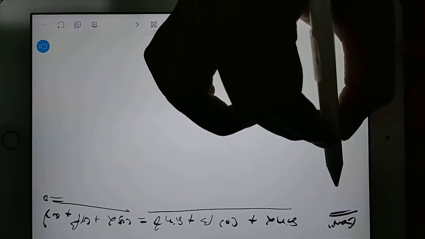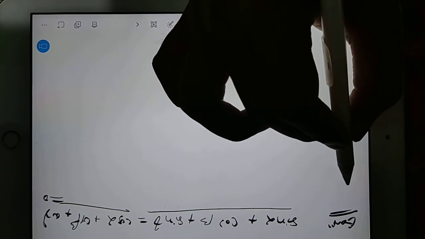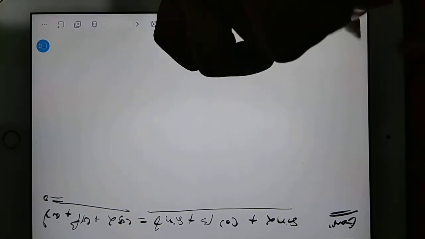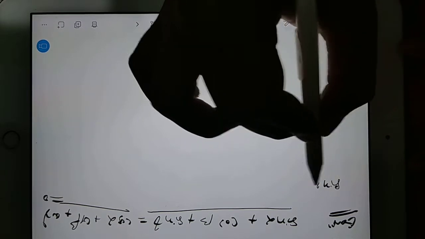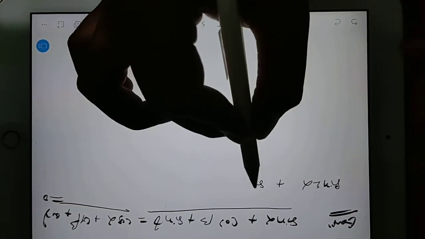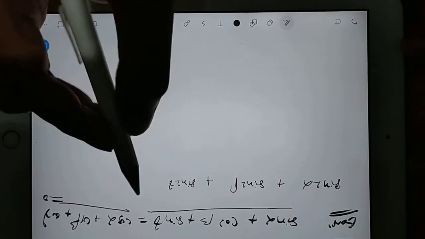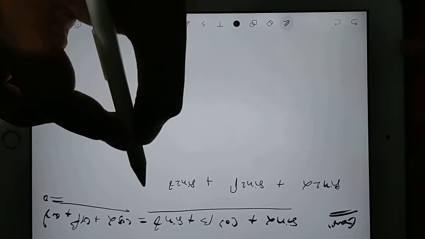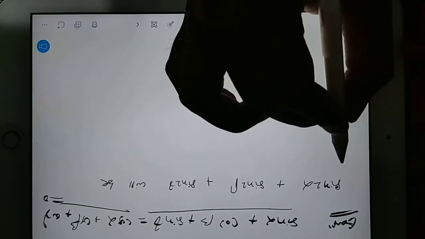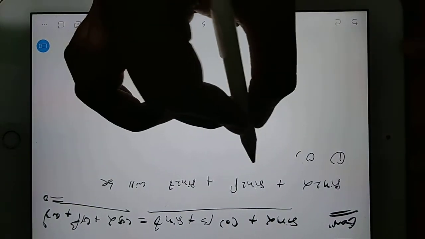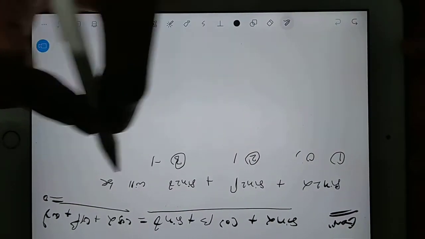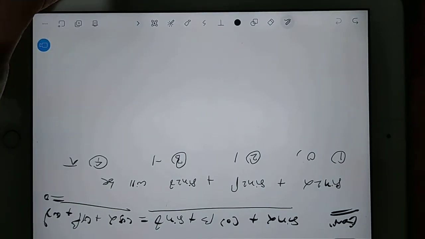Then the question is, the value of sin 2 alpha plus sin 2 beta plus sin 2 gamma will be: option 1, 0; option 2, 1; option 3, minus 1; option 4, pi.